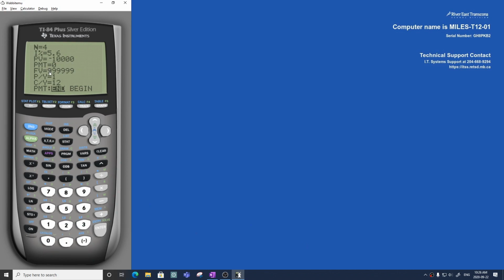So what I did was enter a bunch of 9s before I hit the calculation button. So I inputted N, I, PV, payment, P over Y, and C over Y. And now I'm going to calculate my future value. If I calculate my future value, what we see is that it's $12,504.19.